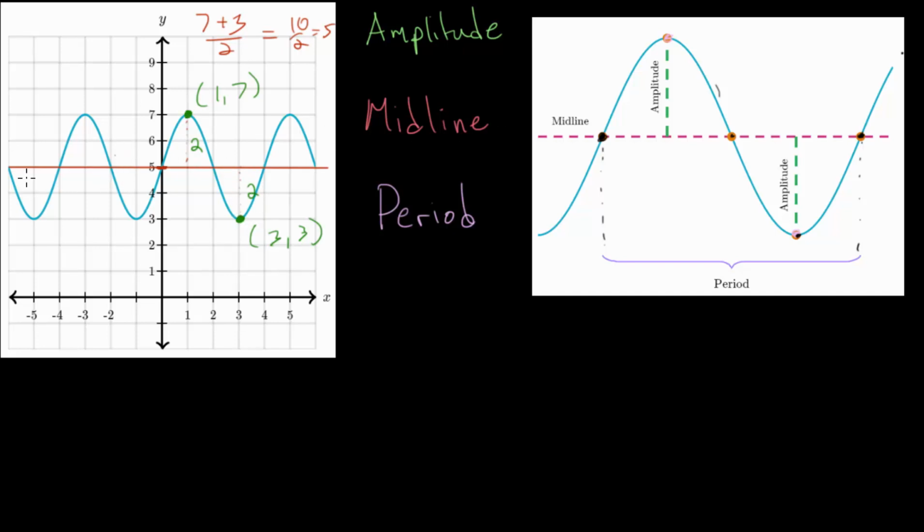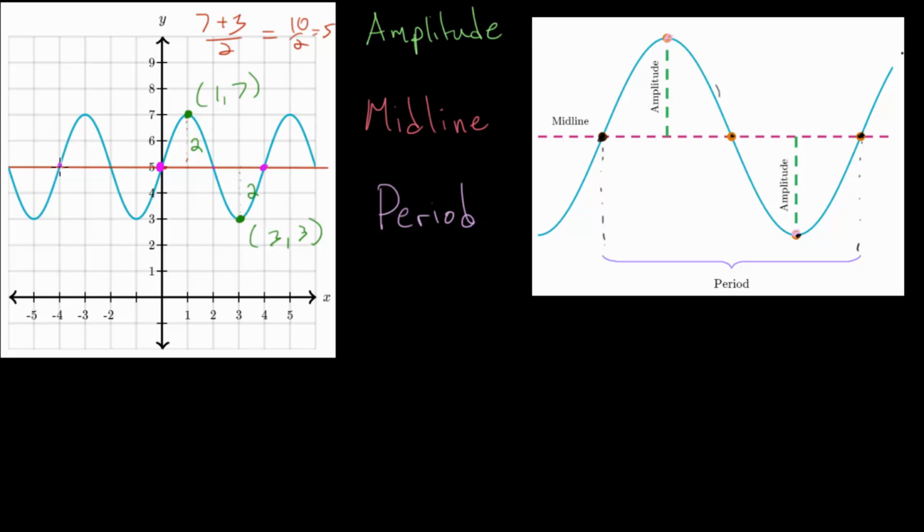Now the period, we look at some starting value. We can really pick any value, but usually we pick a value on the midline. We notice it goes up, comes back down, passes through the midline, and then goes all the way down to its minimum, and then comes back up again, and then repeats that process.